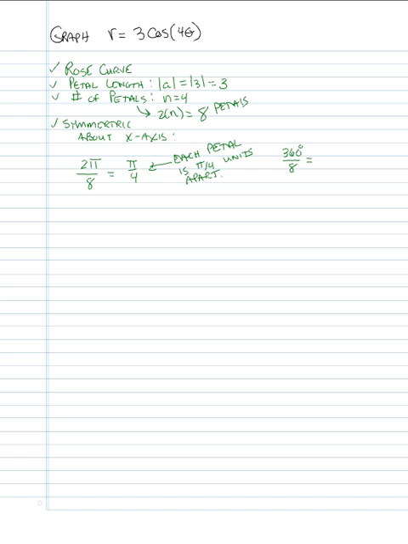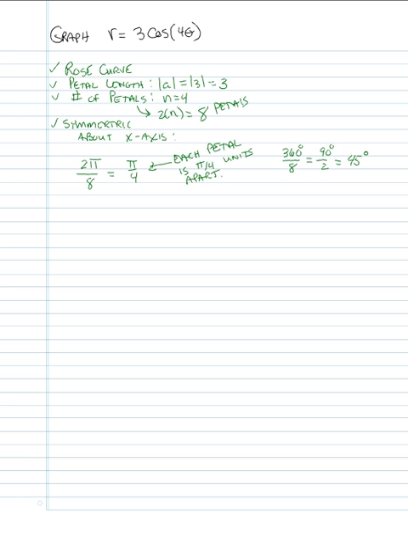I'm doing it in my head. We could get our calculator, but certainly 4 goes into 8, and it goes into 360 90 times, and into 8 2 times. Oh, 90 degrees divided by 2, that's 45 degrees. Well, yeah, that's pi over 4 radians, isn't it? So each one of the petals is 45 degrees apart.